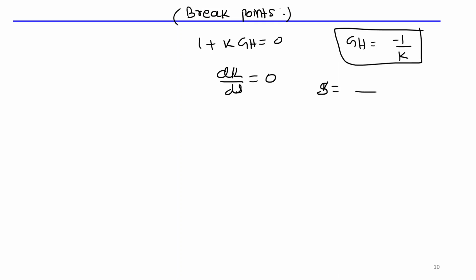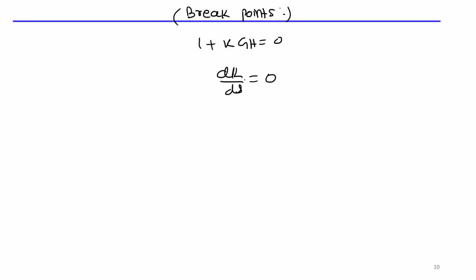This gives you the breakpoint. Then we need to substitute it again in K, and if K is positive, then that is a breakaway point, otherwise it is not a breakaway point. Everybody follows that. This is in the lecture, okay?